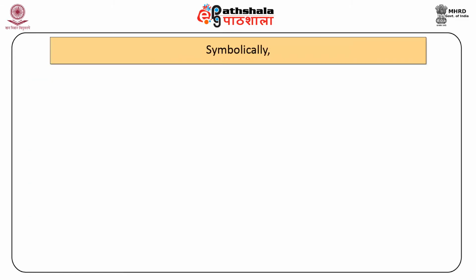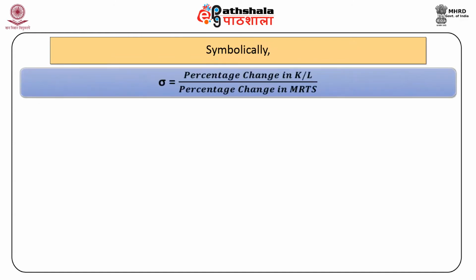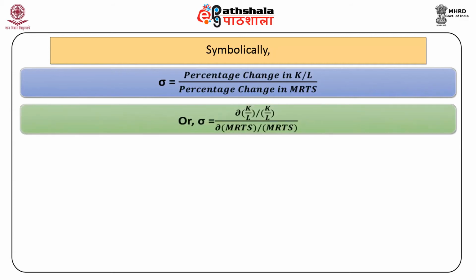Symbolically, elasticity of substitution is equal to percentage change in K/L divided by percentage change in MRTS, or it is equal to ΔK/L divided by K/L, the whole divided by ΔMRTS divided by MRTS.